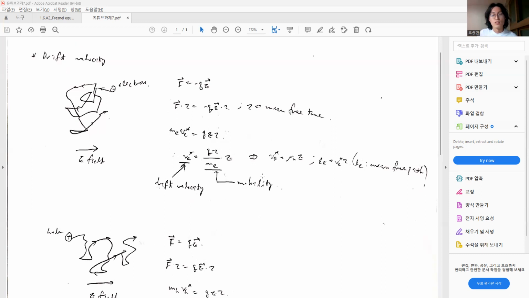And also when we know this drift velocity and the mean free time tau, we can multiply these two values, so we can know the mean free path. As I said before, in this movement, the electrons wouldn't be disturbed by the other electrons.